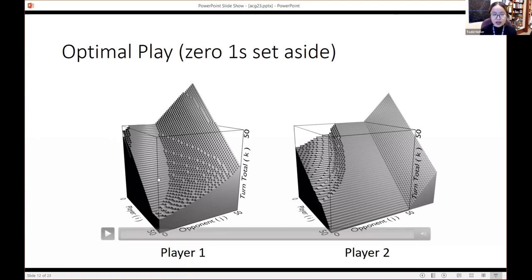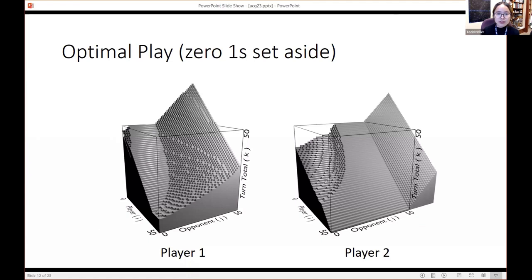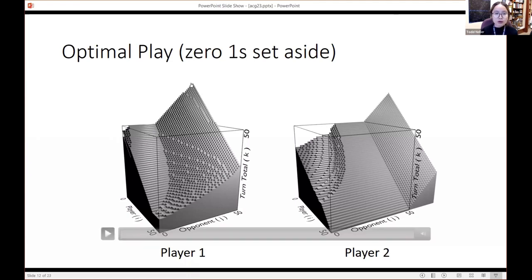At a later stage, once it has reached 50, player one wants a significant lead over player two, so player one would try their best to go as far as possible.